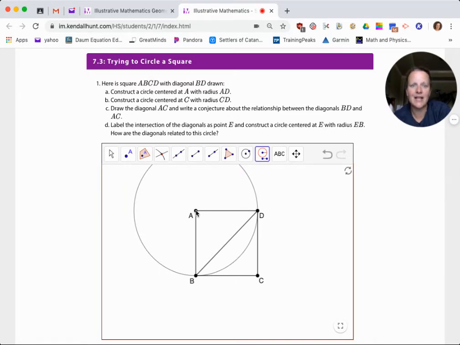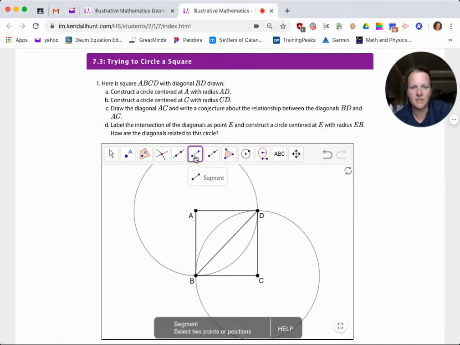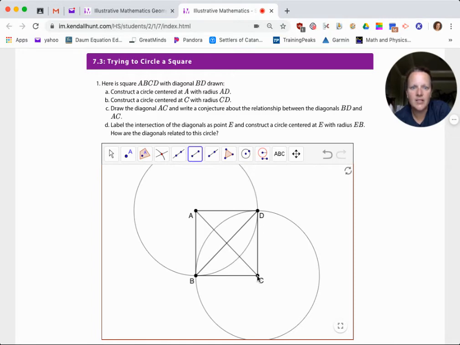Construct a circle centered at C with radius CD. Draw the diagonal AC and write a conjecture about the relationship between the diagonals BD and AC.